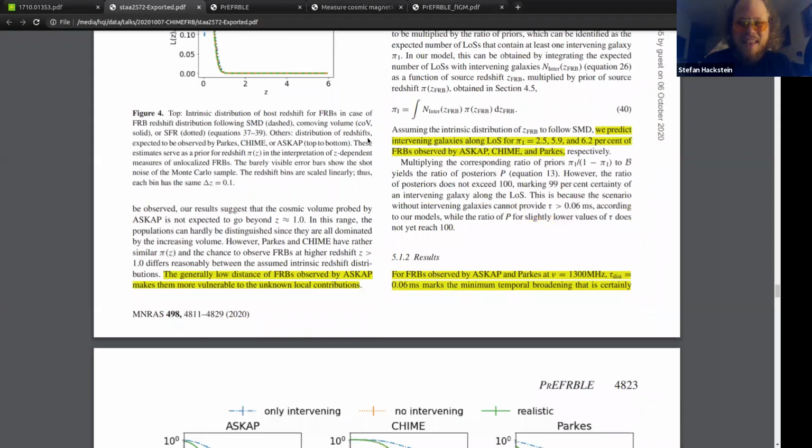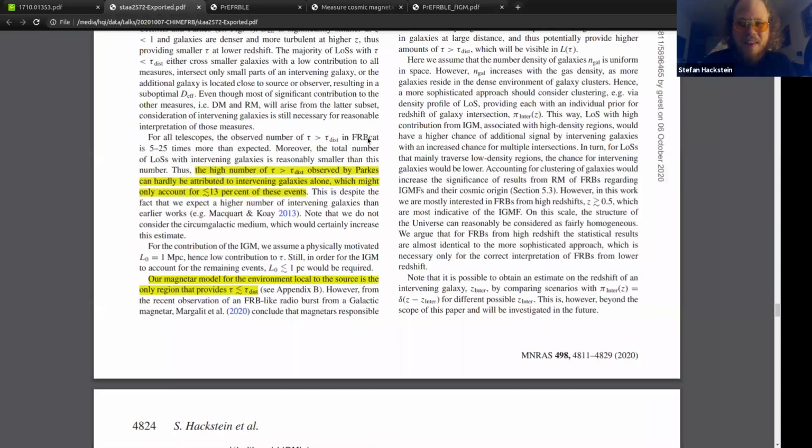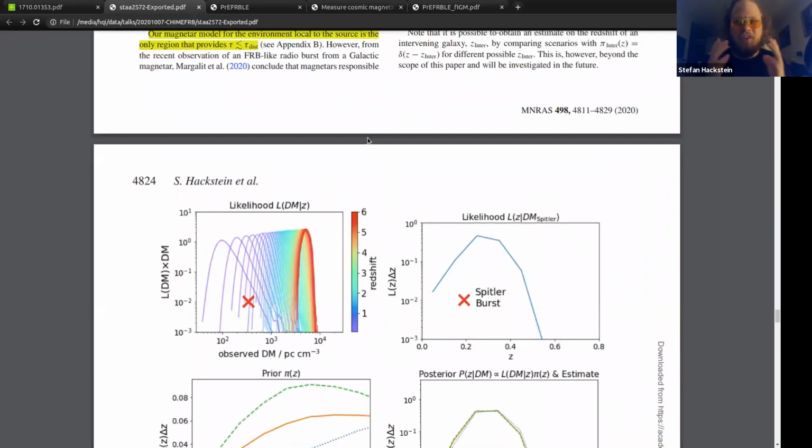So let's go to the next application, which is trying to infer the redshift of an unlocalized fast radio burst. What has so far been done in the literature is what you can find in the top two plots here. In the left plot, we look at a particular redshift and see how likely we are to see different values of the DM for a fast radio burst coming from this redshift.